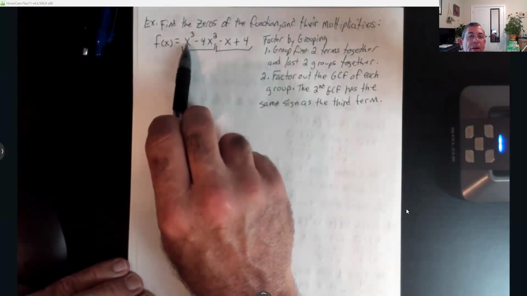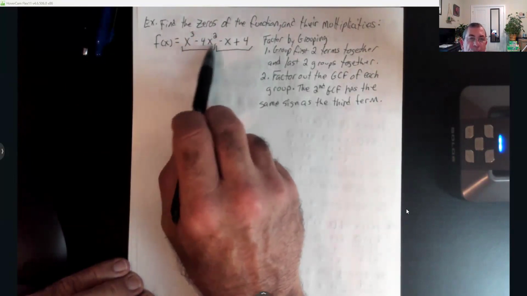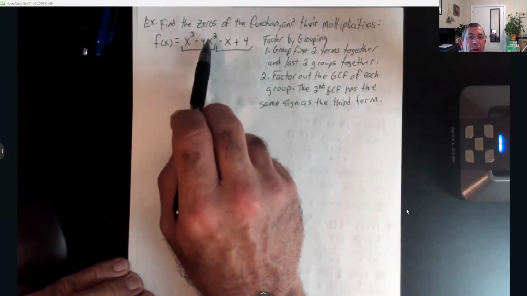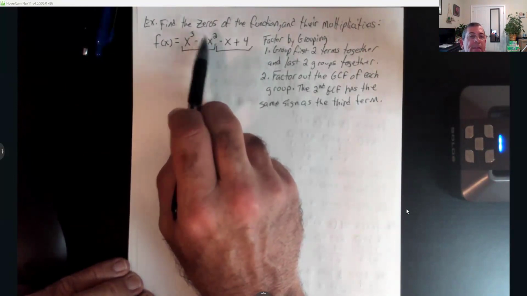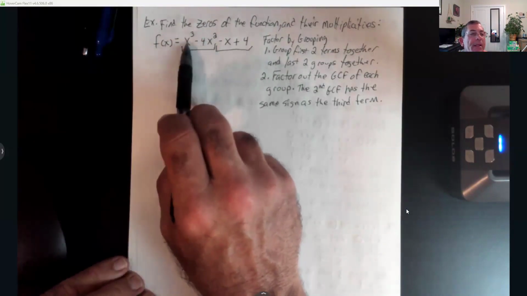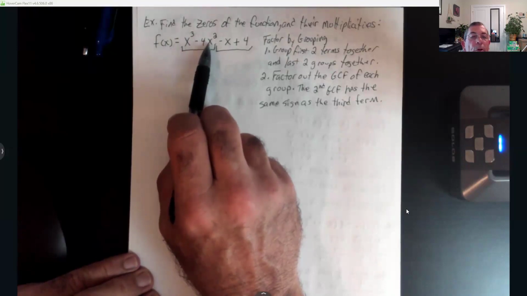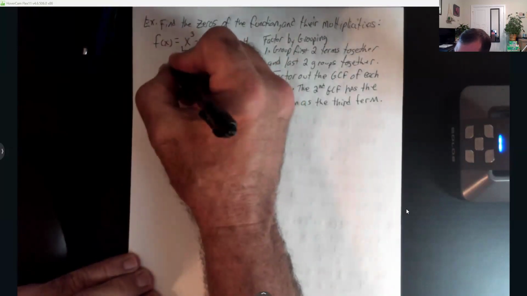You got an x3 here. You got a 4x squared here. The most that they have in common is the x squared. Because this one has at least 2 x's. This one has 3 x's. So we both have at least 2 x's in them, okay? So what I'm going to do, I'm going to factor out an x squared.